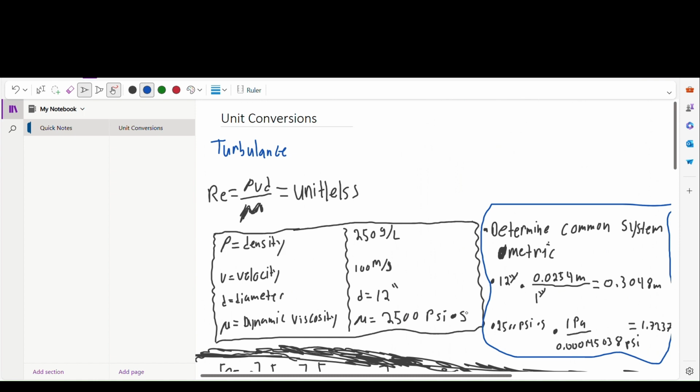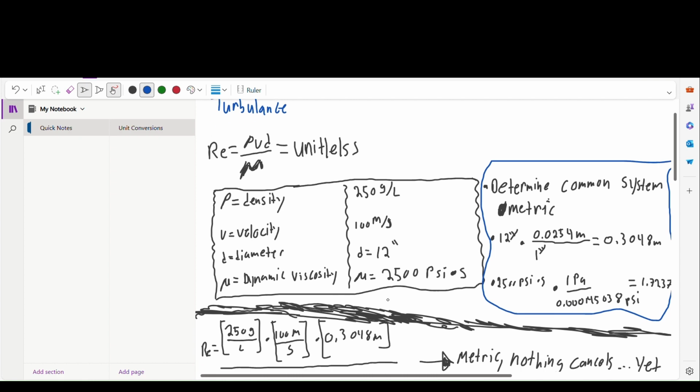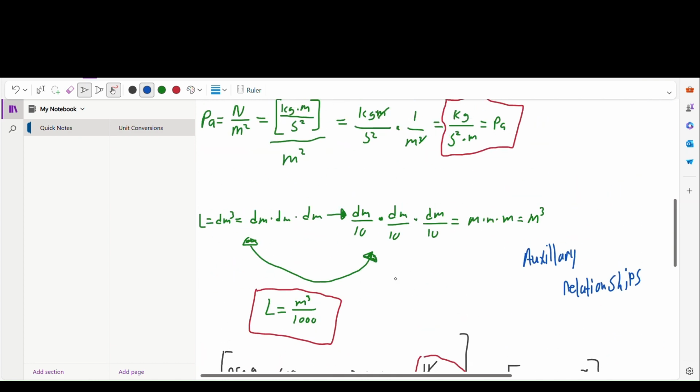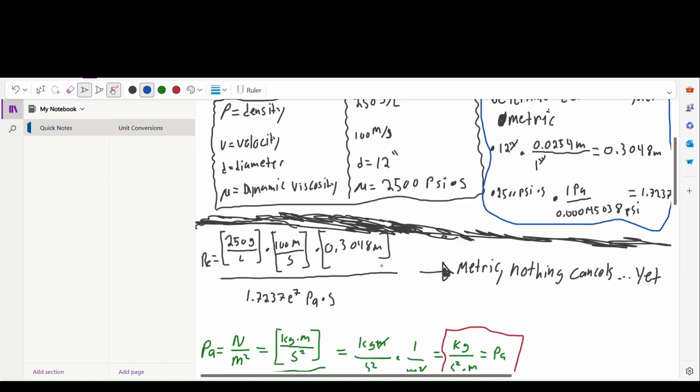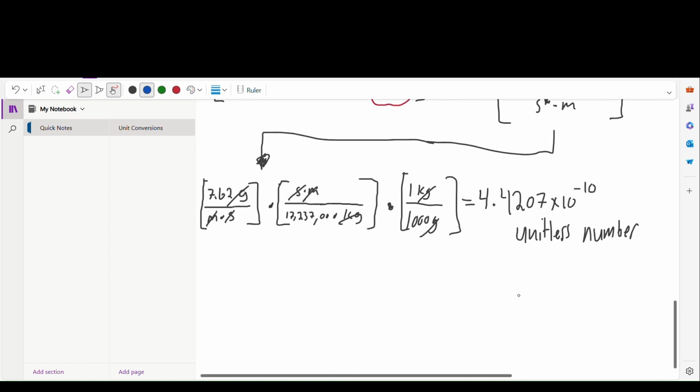And that's what is going to give you a ridiculously small Reynolds number. 250 grams per liter isn't the craziest density. 100 meters per second, I mean, it's pretty fast, but it's not the fastest thing on Earth. And then 12-inch pipes, pretty standard. So, nevertheless, with all those crazy random numbers that I just made up off the top of my head combined, it would get you this Reynolds number.